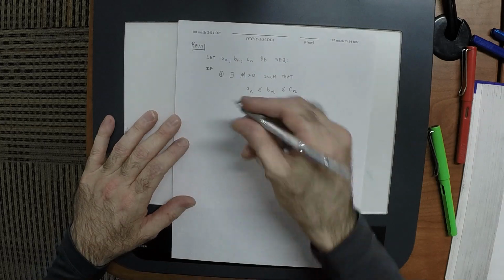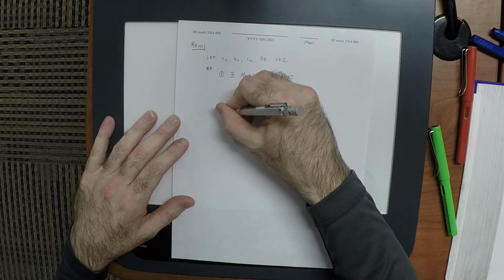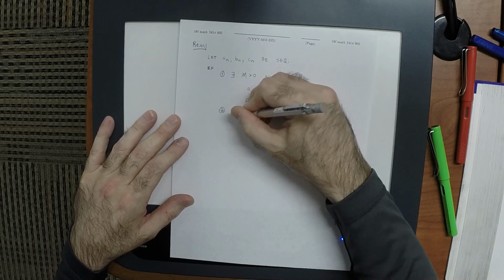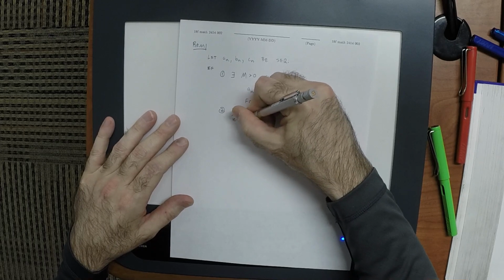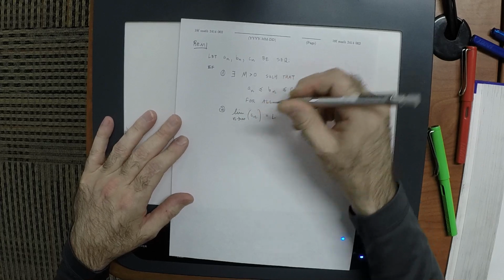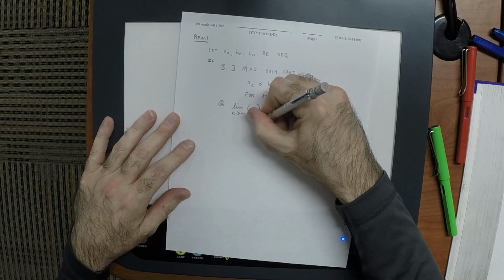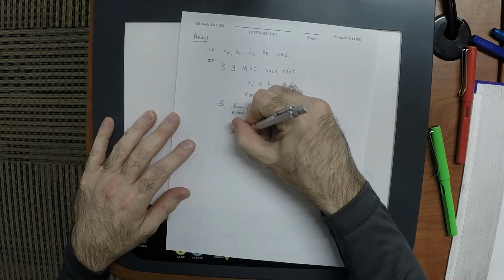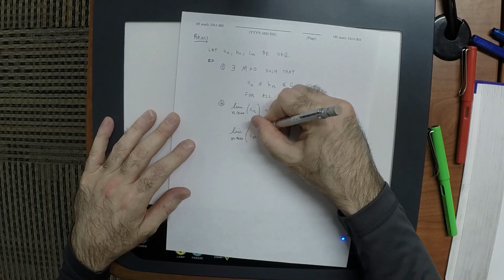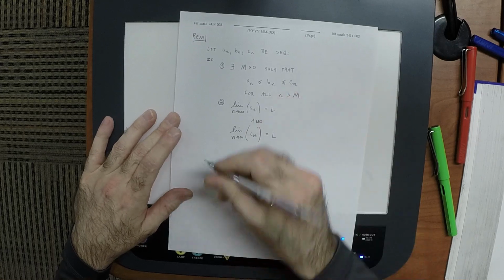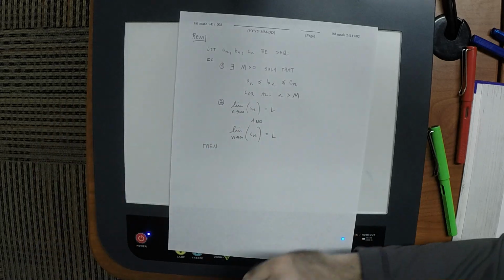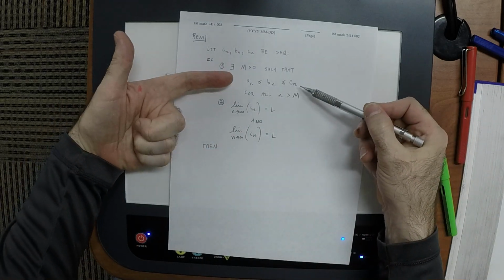So if they're eventually in that order, and the limit as n goes to infinity of a_n exists and is L, and the limit as n goes to infinity of c_n exists and is L.